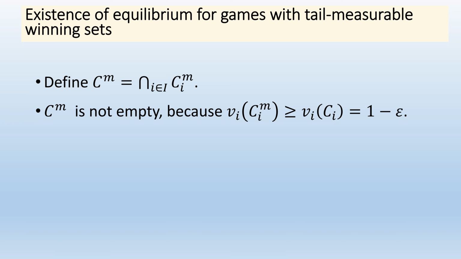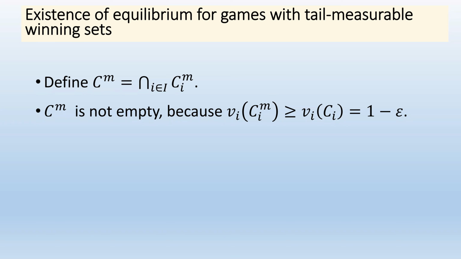Still, I want to explain some more what the set CIM is, because if it's confusing, then it deserves a better explanation. So there is Wi, which is the winning set of player I. There is Ci, which is the inner approximation with a closed set of the set Wi. Now, suppose we stop the game after M periods and we ask the players who still has a chance to get into Ci.